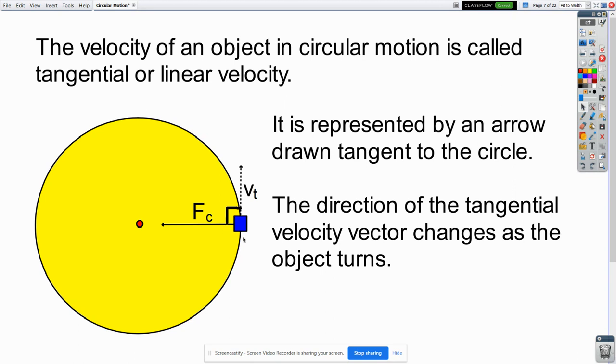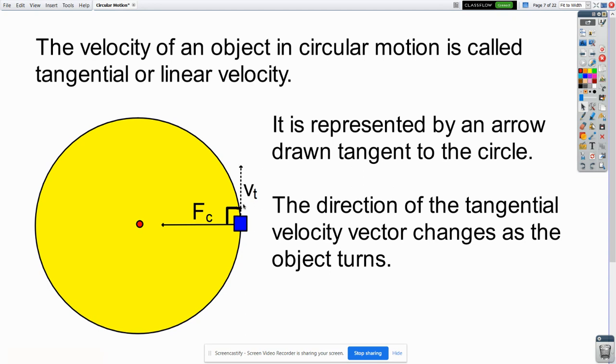So when my object is over here on the right side of the circle, that tangential velocity is either going to be pointing straight up or straight down, depending on whether it's going clockwise or counterclockwise. Clockwise, counterclockwise can be used to determine if these velocities are positive or negative.